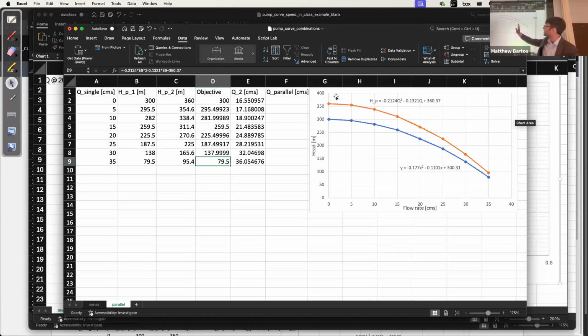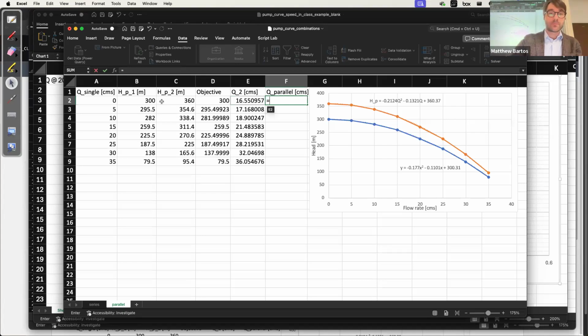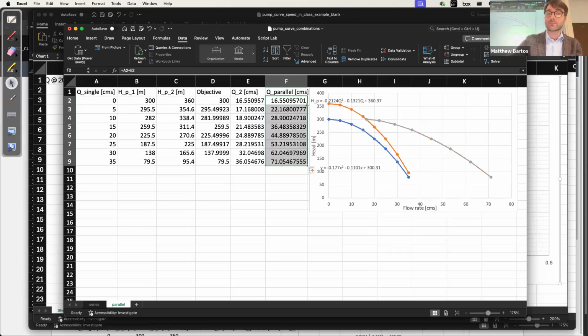Then for the total flow moving through the entire parallel pump system, what two columns do we need to add together? Right, we need to add A and E. So this is the total flow moving through the two parallel pumps. And you should get a combined pump curve that looks like this.